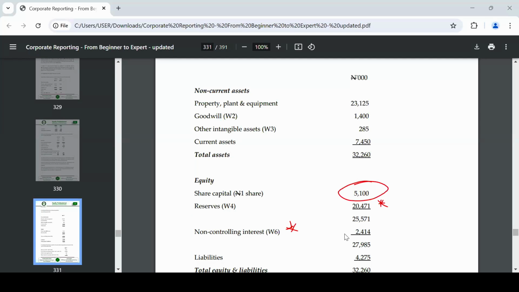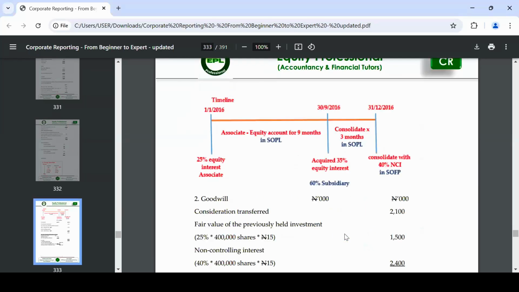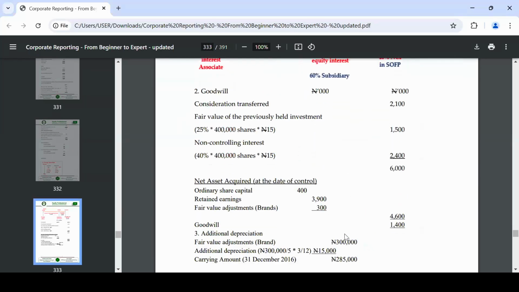Now, if you go to the workings, we did NCI here. And NCI was valued at 2,400.